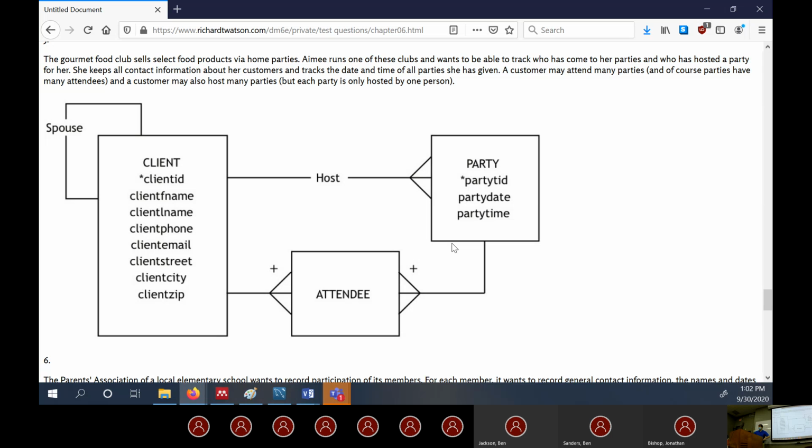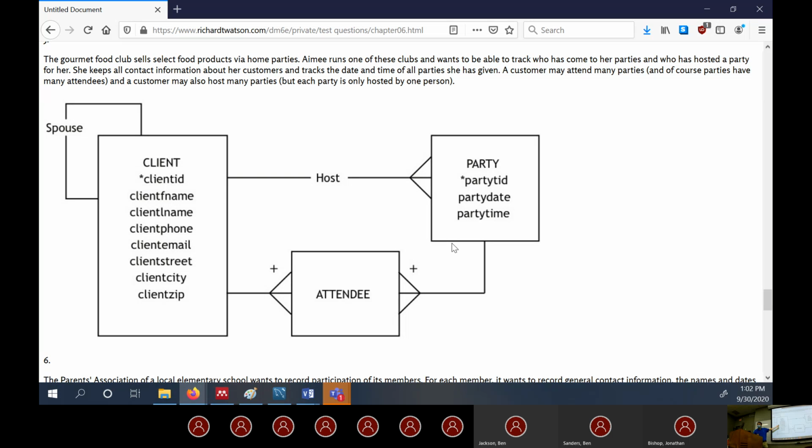It wouldn't make a whole lot of sense. So a client could marry another client, but what's the problem with how this is represented? Any ideas?